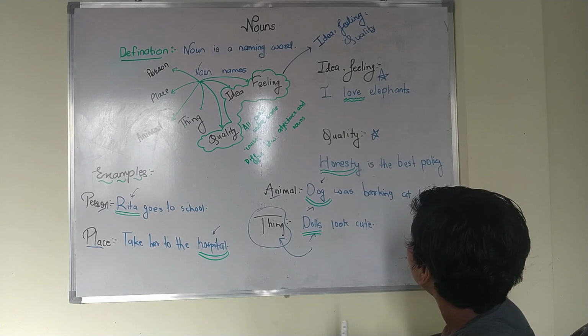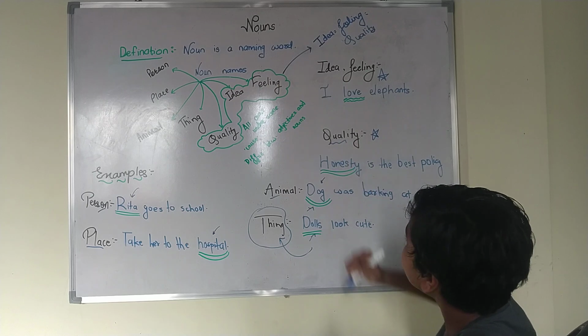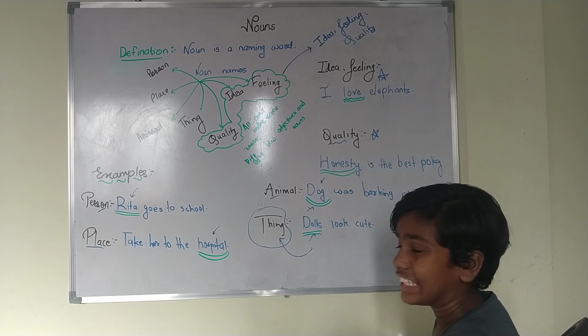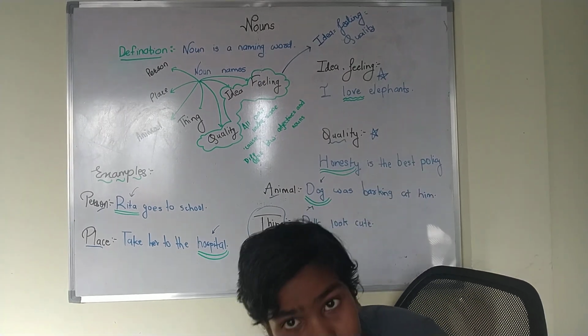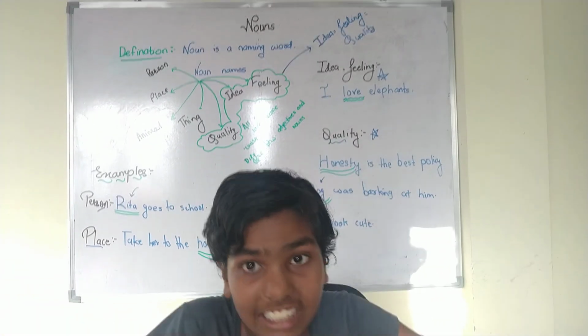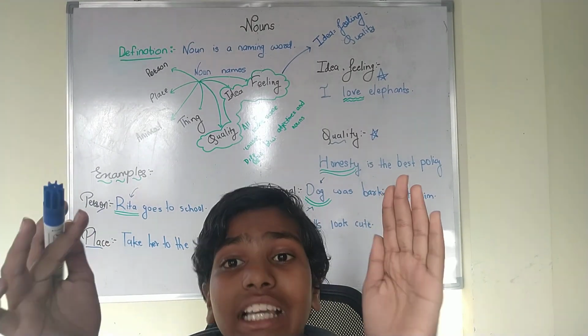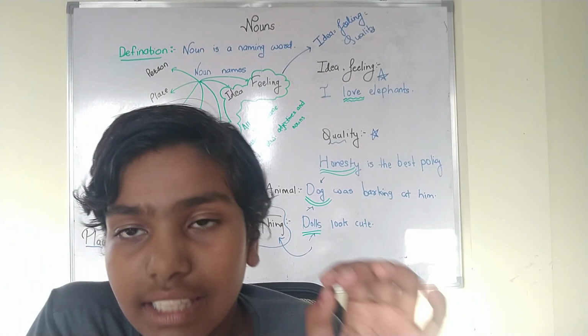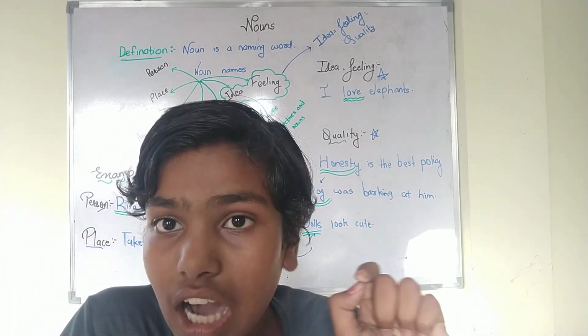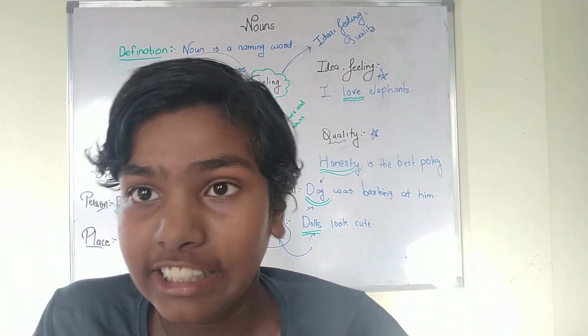Now let's learn about quality. When we are talking about any object's quality, we think of the object or the subject of the sentence being referred to. It's really not what you think about any adjective kind of thing.